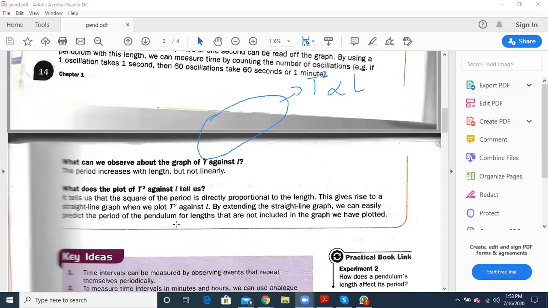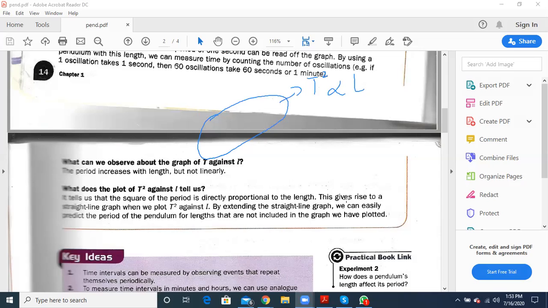Continue. This gives rise to a straight line graph when we plot T square against L. By extending the straight line graph, we can easily predict the period of the pendulum for lengths that are not included in the graph we have plotted.